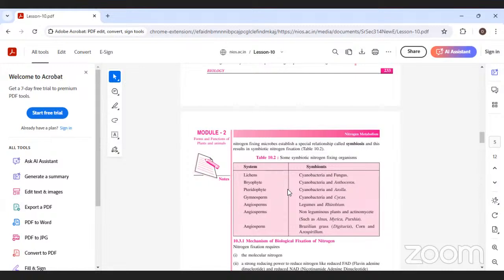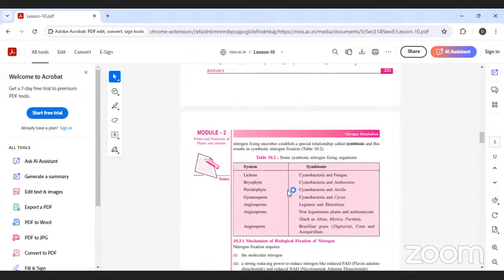Fourth, gymnosperms: cyanobacteria and Cycas. Then angiosperms: legumes and Rhizobium, and angiosperms, non-leguminous plants and actinomycetes.